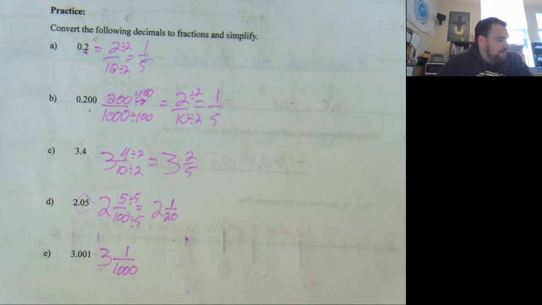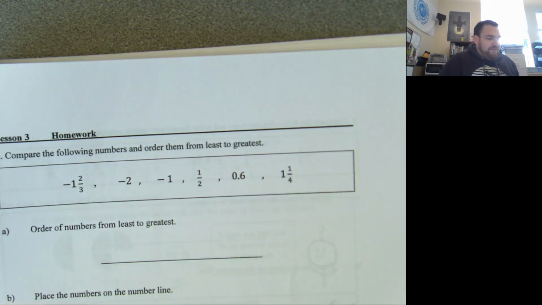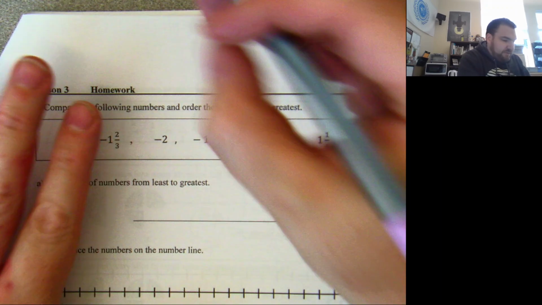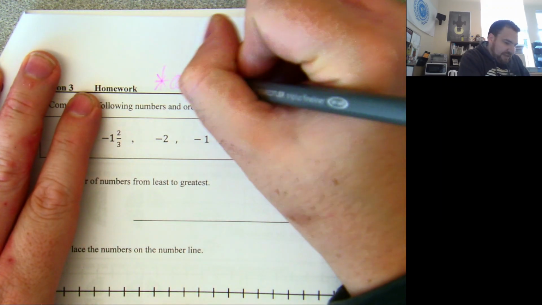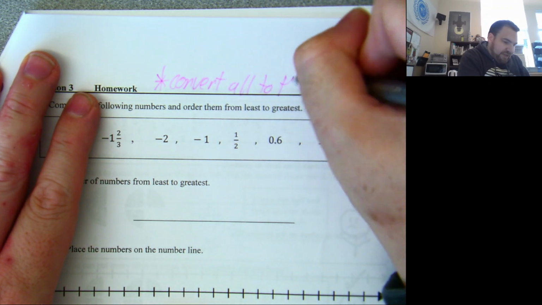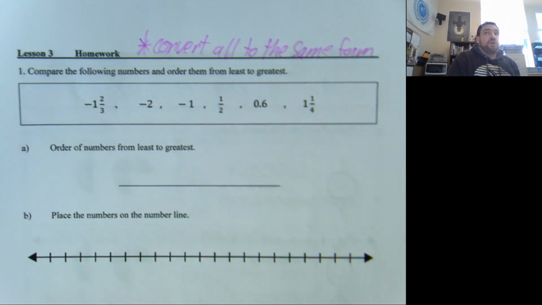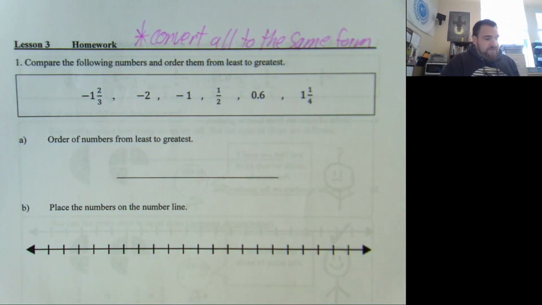Okay. Let's get you playing with some of these things. There are 4 questions here. All of them are compare the following numbers and order them from least to greatest. The first thing you're going to need to do is convert all to the same form. And I don't care what that is. You can convert into decimals, you can convert into fractions, you can make them all have common denominators.